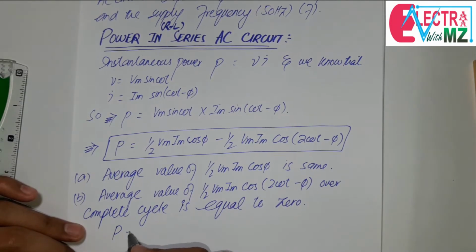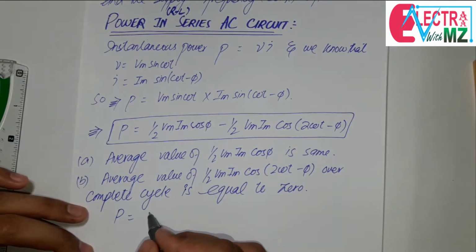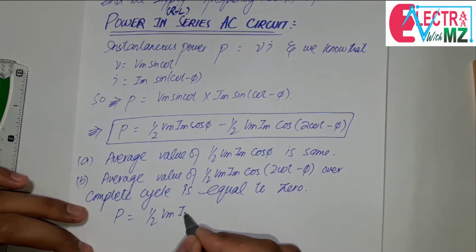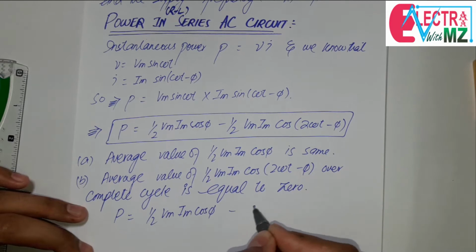So P is equal to 1/2 Vm Im cos phi minus 0.